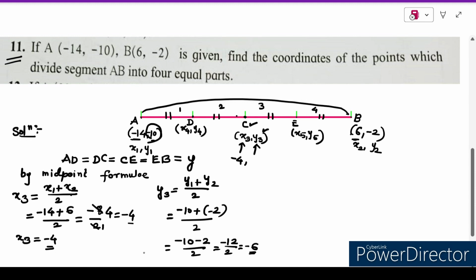We get the value of y3, which is the y coordinate of point C. Therefore y3 equals -6, and the coordinates of C are (-4, -6).